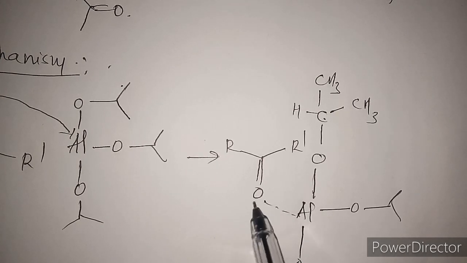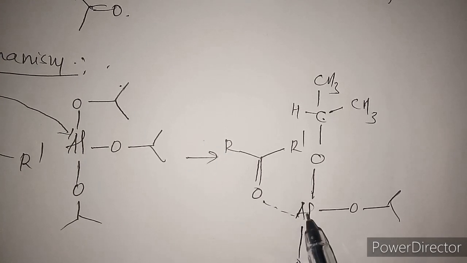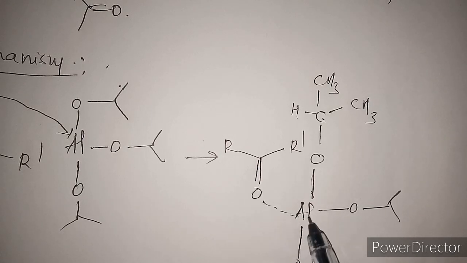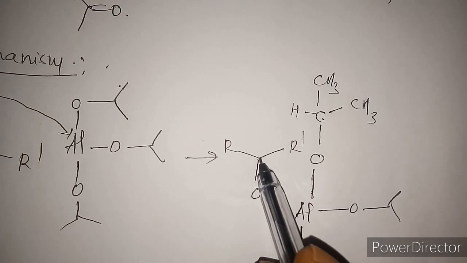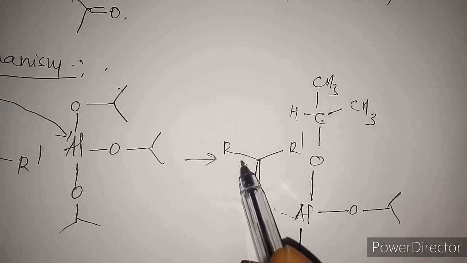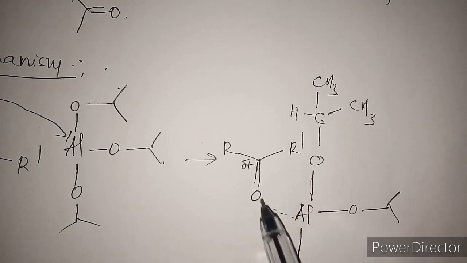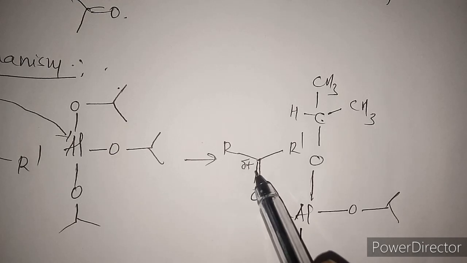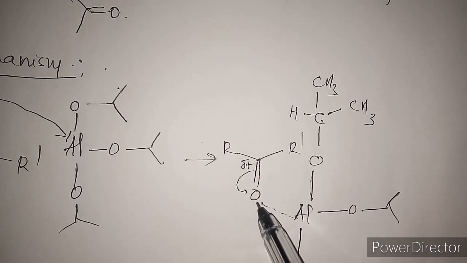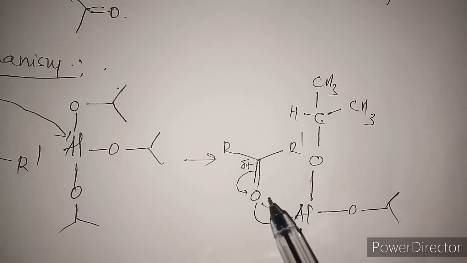Now this oxygen's lone pair of electrons is attracted towards aluminum. Once the electron density migrates in this direction, the electrophilic character of this carbon increases, that is delta plus increases. Then the pi bond shifts here. Once the pi bond shifts, electrons accumulate on the oxygen, and oxygen donates the electron to aluminum.